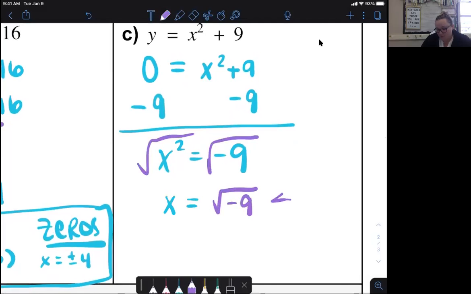And as far as we're concerned, plus or minus the square root of negative 9, we get 2 answers, of course. As far as we're concerned, at this point, we can't take the square root of a negative just yet. We haven't gone over that in this class yet. So because we are square rooting a negative, we end up with an imaginary solution. So this means that we have no real solution.